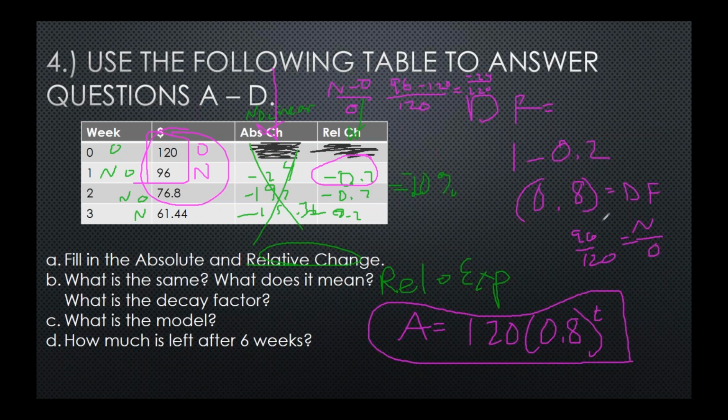All right. So then in letter D, if it talks about 6 weeks, well, we would just say, okay, that means T is 6. So A equals 120 times 0.8 raised to the 6th power.